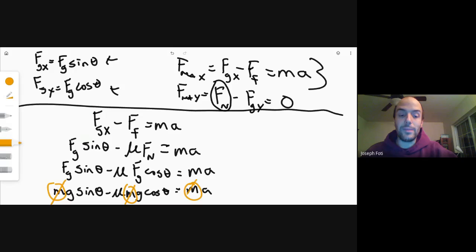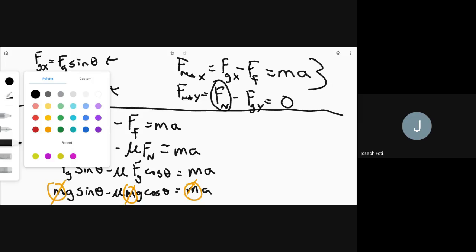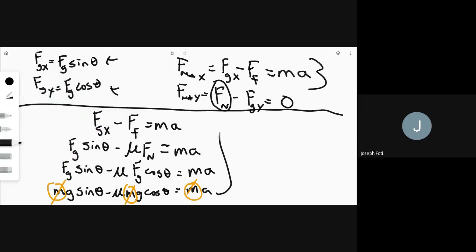Since there's an m in each, we can cancel it out. I'm going to rewrite this up here: g sine theta minus mu g cosine theta equals a. So look at that, we still ended up with an a equals. And we could rearrange to find mu, whatever we needed to do.